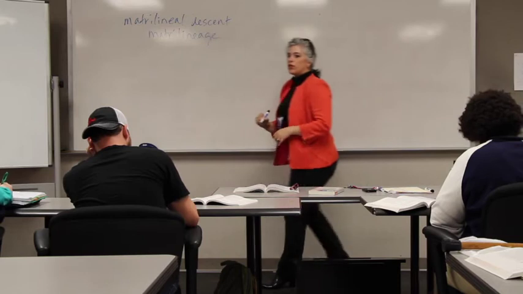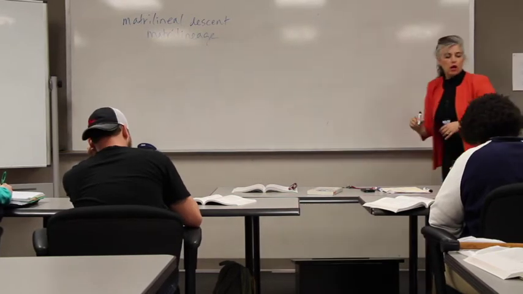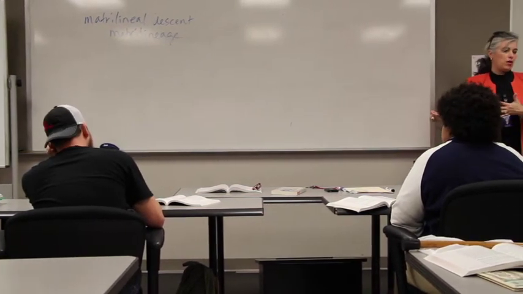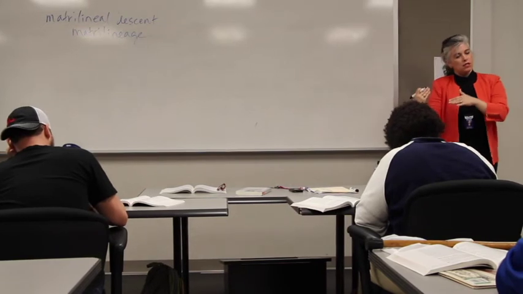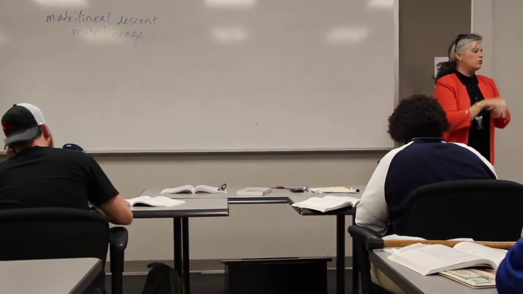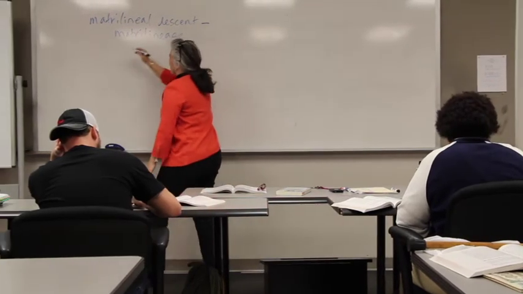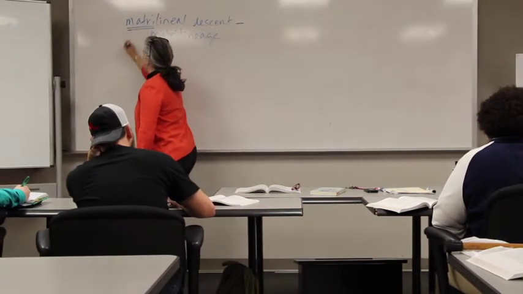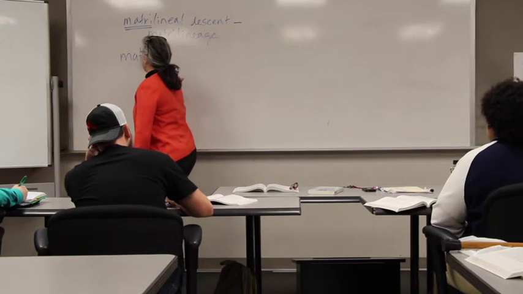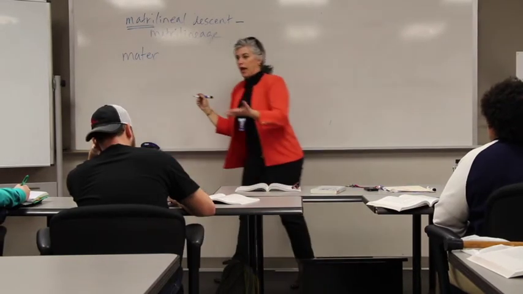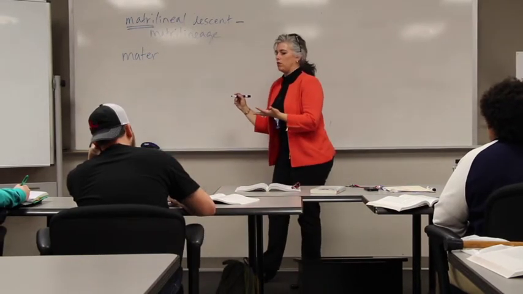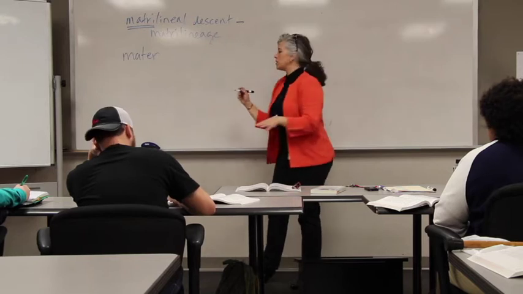You can use these two words interchangeably. Matrilineal descent or a matrilineage means the same thing. This prefix comes from a Latin word, which we would pronounce in English as mater. Who wants to guess what that is? Mother, that's absolutely right.